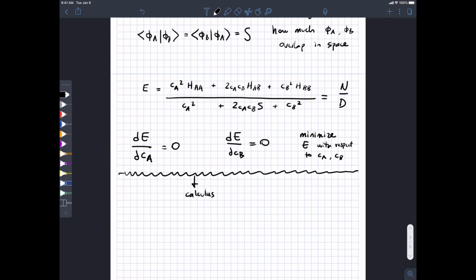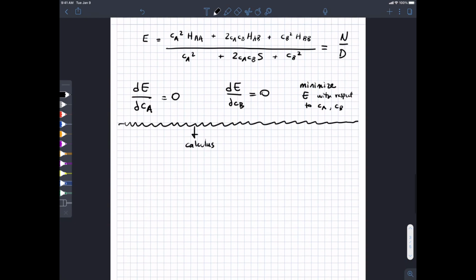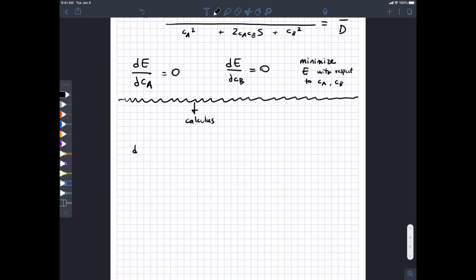I don't necessarily feel like it's the best use of class time for me to do that. It may or may not be useful to you. I want to show you what the answer is for the derivative of energy with respect to CA. And remember, we're setting that equal to 0.